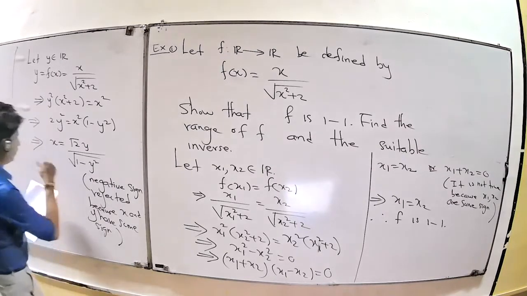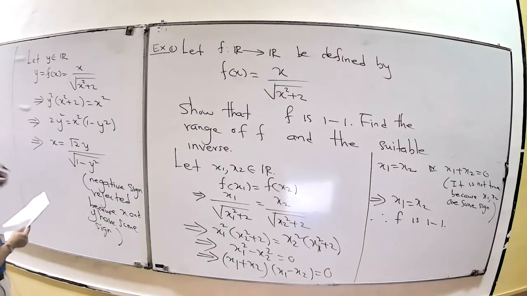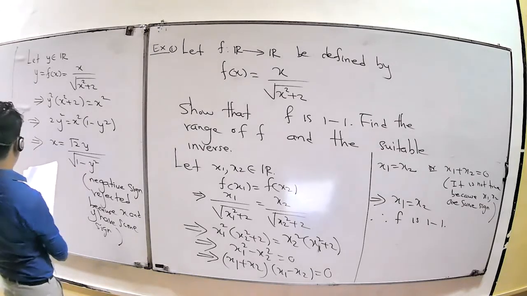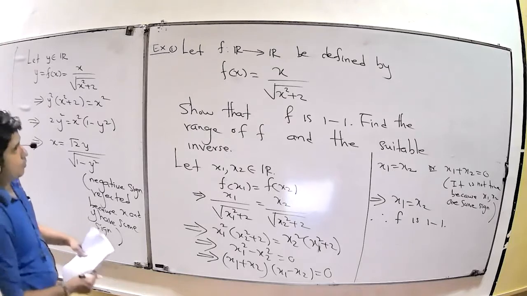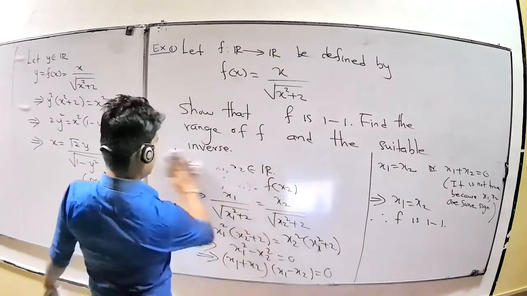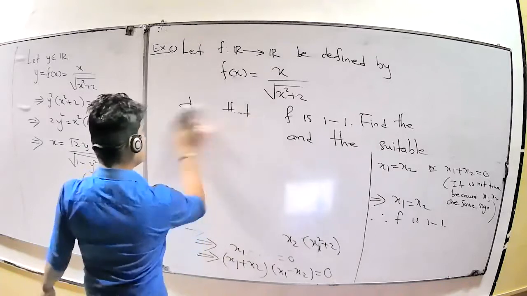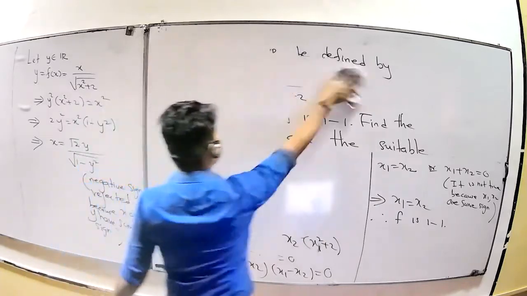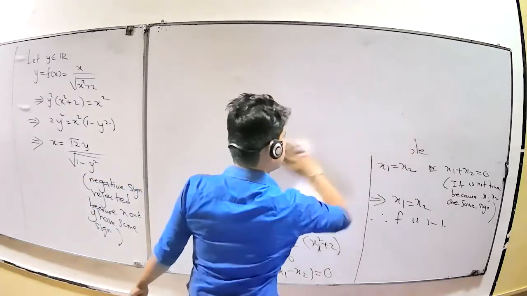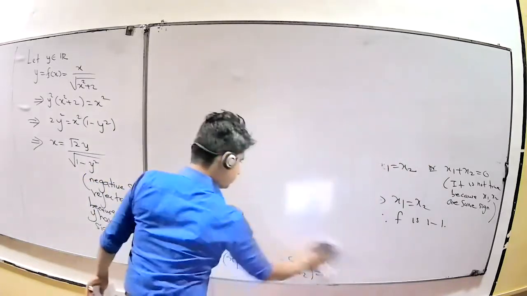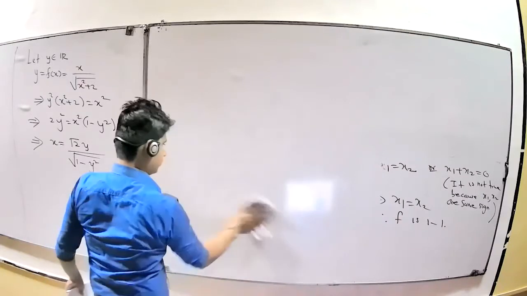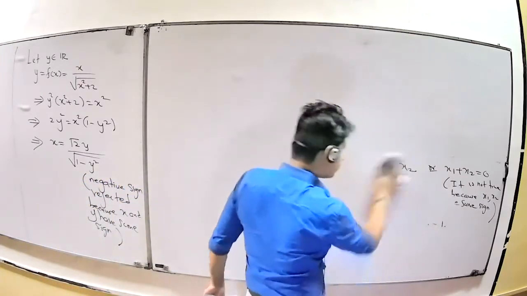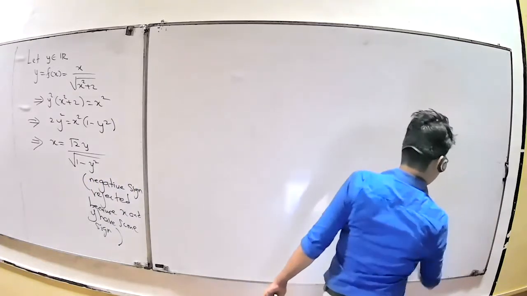Now you found the x values. What about the y squared value? For any value of x belonging to the real numbers, what about y squared?